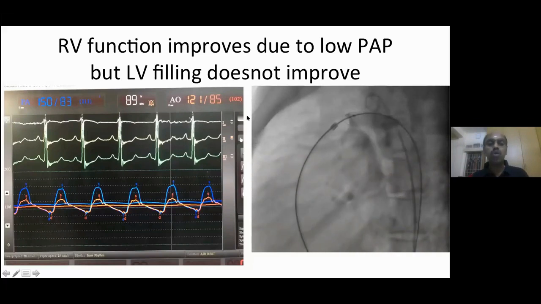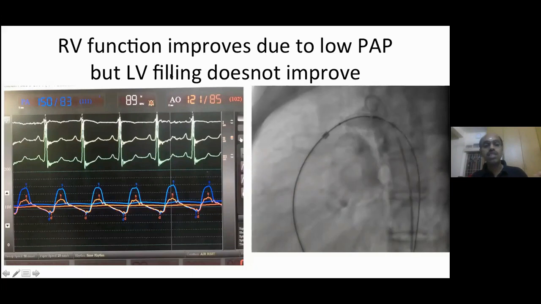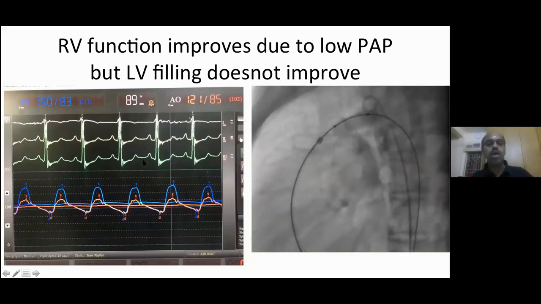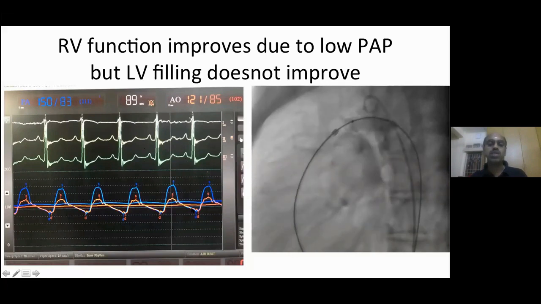You are improving the aortic perfusion by perfusing from the pulmonary artery to aorta, but the pulmonary venous return, which is causing the LA and LV filling, is still low. So the left ventricular stroke volume still remains low. Left ventricular systolic pressure and the aortic systolic pressure still remain low.